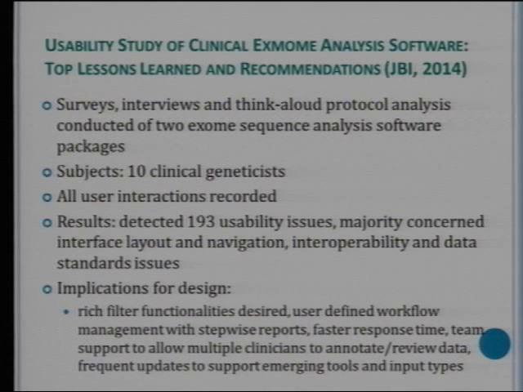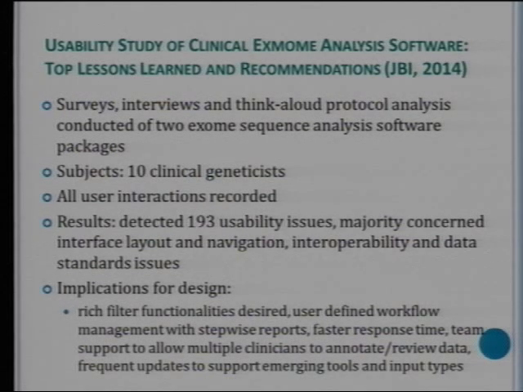Results: there were 193 usability issues detected in using the tools. The majority concerned layout, navigation, and interoperability. Pipelines of data going in and out was an issue, and data standards to do with this type of analysis. So, implications for design: they wanted richer filter functionalities when doing this analysis, like looking for mutant sequences.